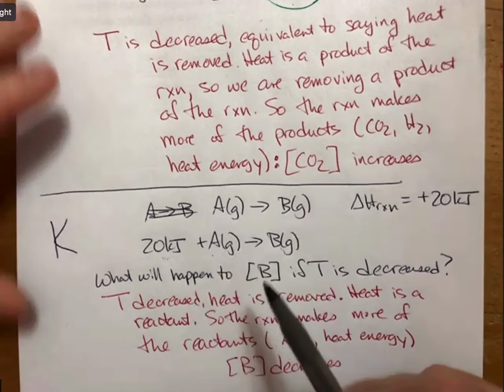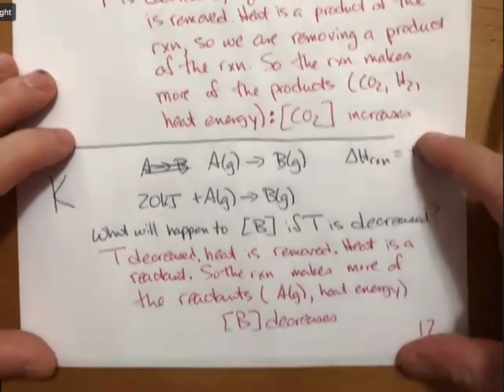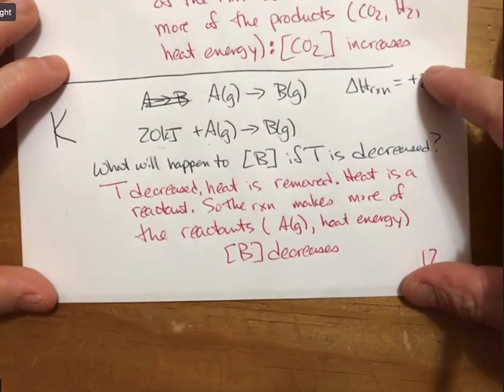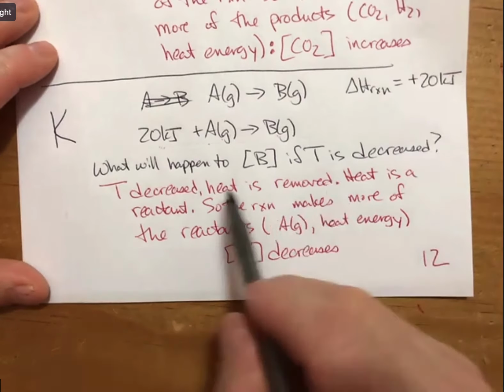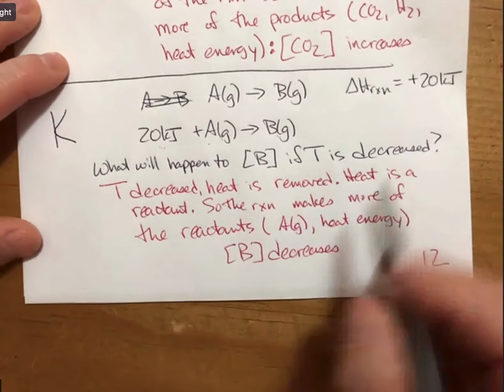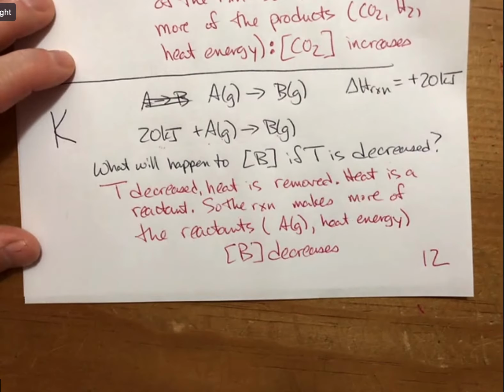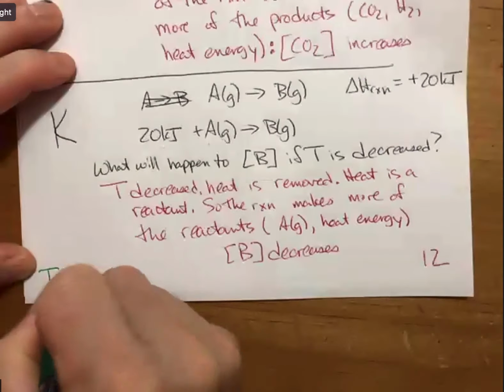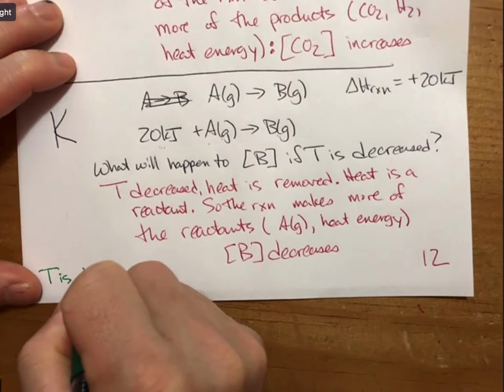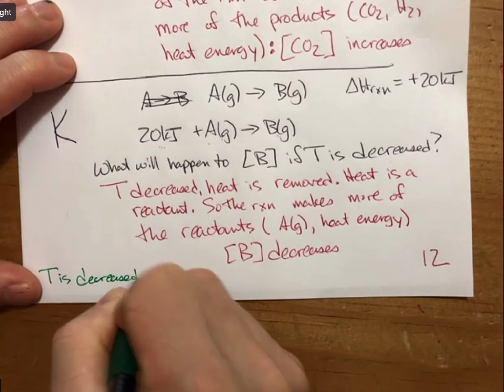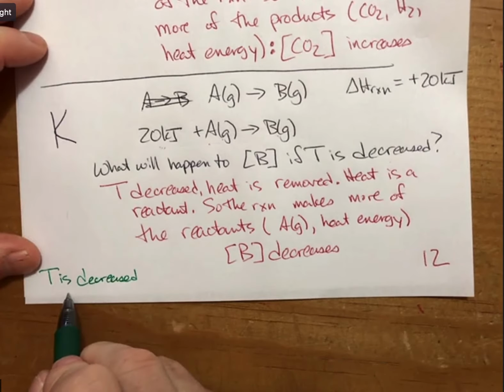So let's do this example that we just talked about now. If T is decreased, and let me do a third, so T is decreased. So now we know what's happening to temperature.